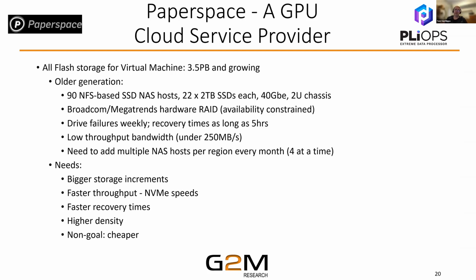We're in multiple regions throughout the world. We have about 3.5 petabytes of active storage, and this is almost all for our customers. So we don't really have a view into their data.